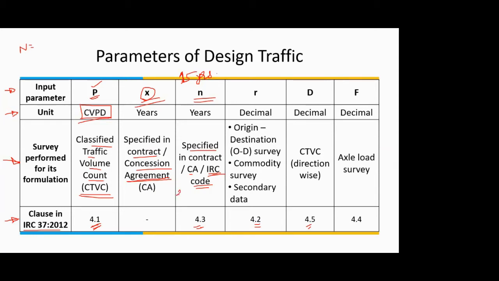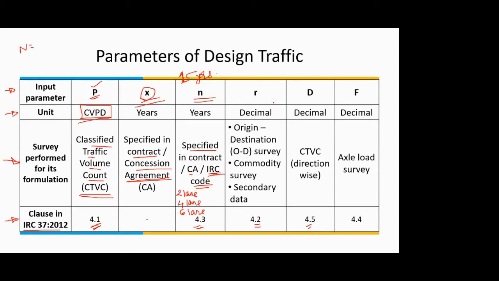So IRC has different codes for 2-laning, 4-laning, 6-laning. So you have a manual kind of thing. We call it a 2-lane manual or a 4-lane manual. So that is also a code, and in that code they have specified the design life of that particular road. Okay, so from that you get the value of n.